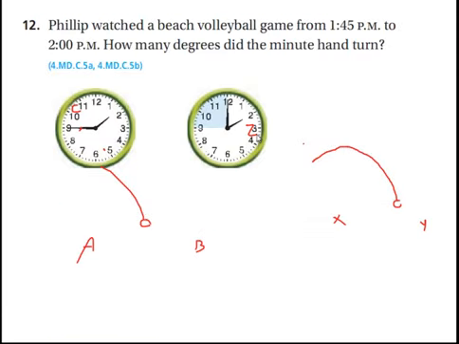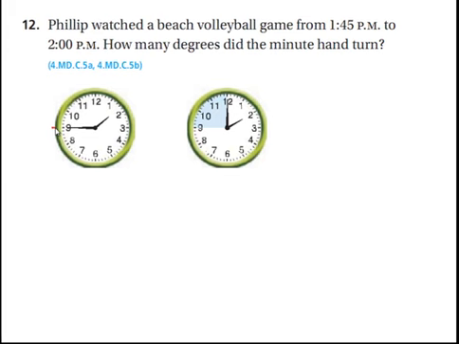Let's complete. Phillip watched a beach volleyball game from 1:45 p.m. to 2 o'clock p.m. How many degrees did the minute hand turn? He starts watching from 1:45 here to 2 o'clock p.m. And can you see the shaded part?